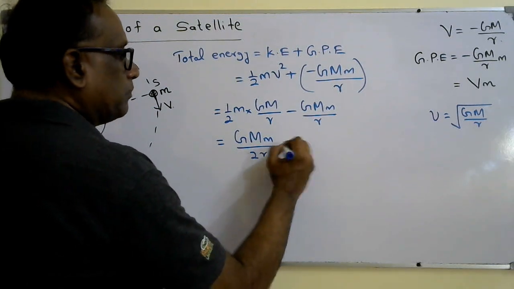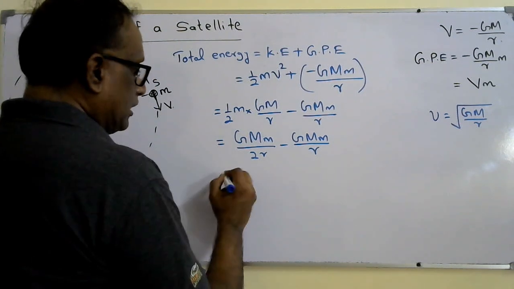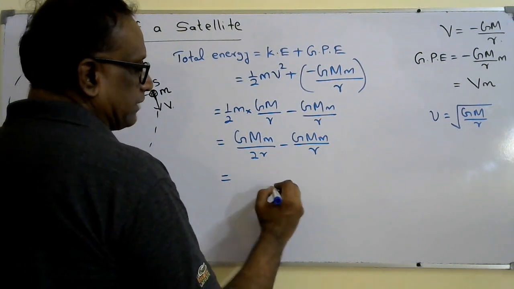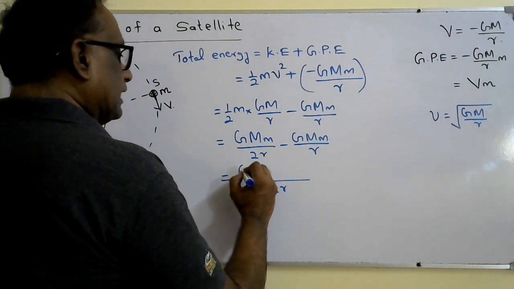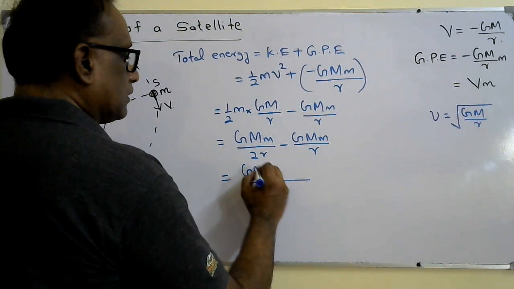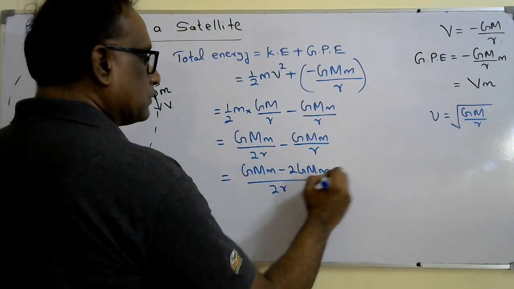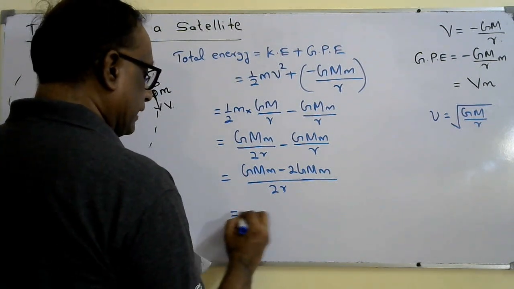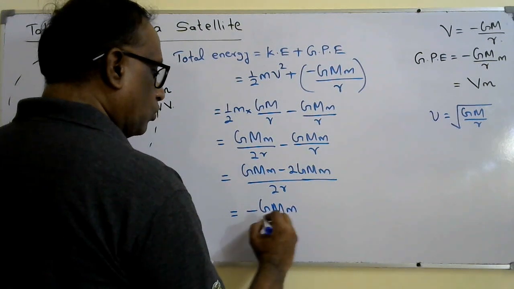So 2r is the LCM, so it's going to be GMm minus 2GMm over 2r. So that will be minus GMm over 2r. That is the total energy of the satellite.